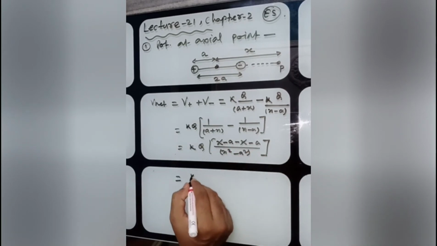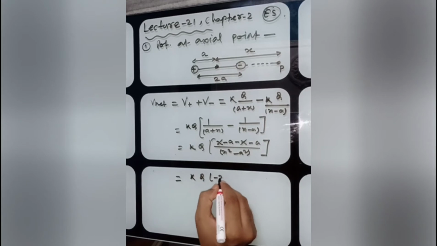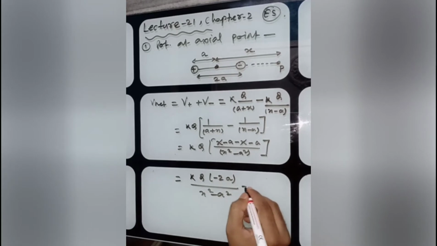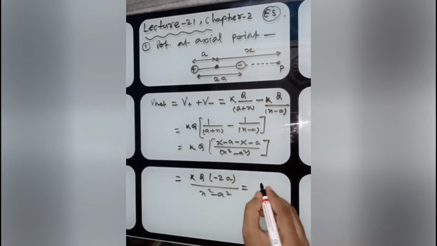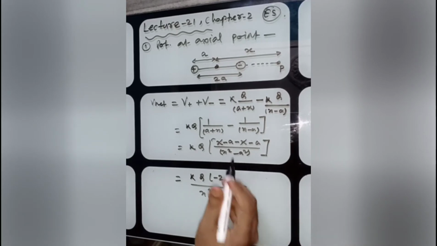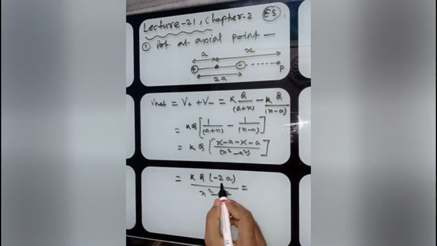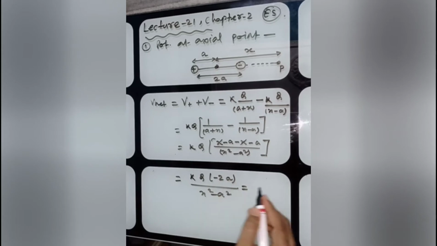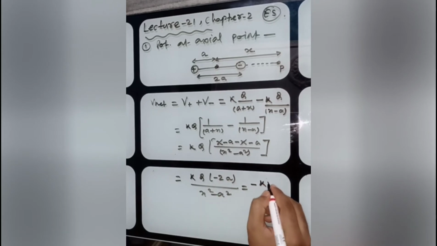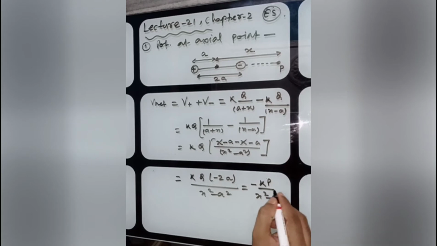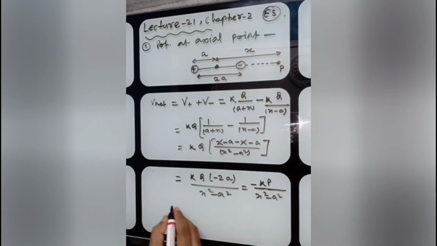So kq times 2a divided by x square minus a square, and this can also be written as, this 2a is the dipole length. You can see it is the dipole length, so this can be written as q times dipole length is the p, so minus kp by x square minus a square.